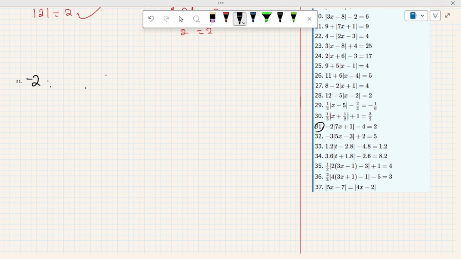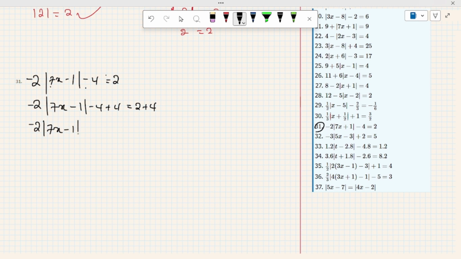So it's going to be negative 2 times the absolute value of 7x minus 1, minus 4, equals 2, basically. How are you going to go about this? Again, it's simple. Negative 2 times the absolute value of 7x minus 1, minus 4 plus 4, equals 2 plus 4.